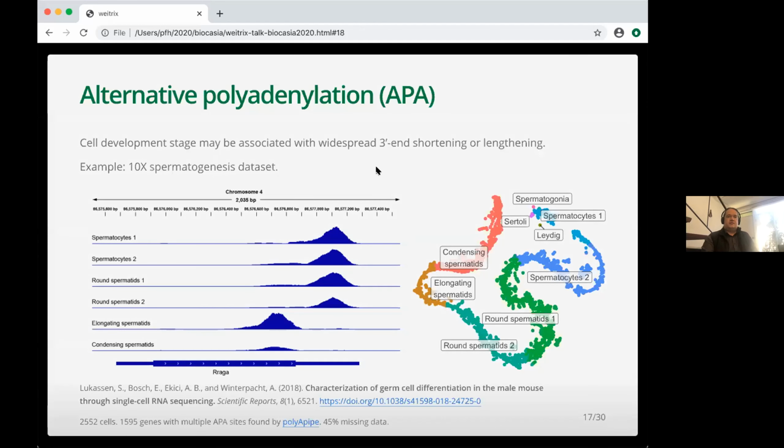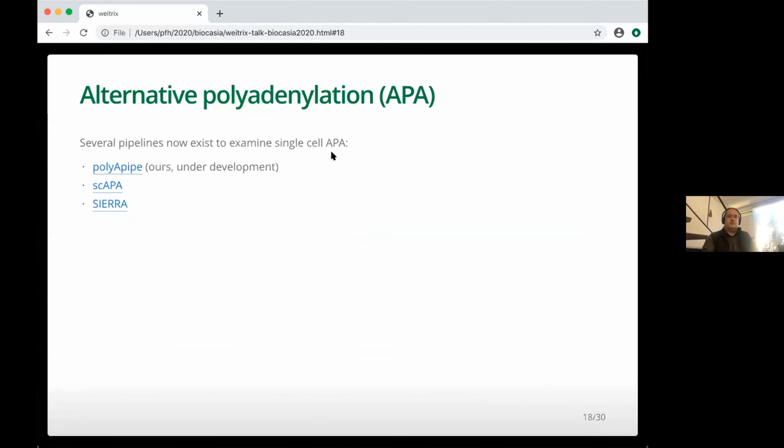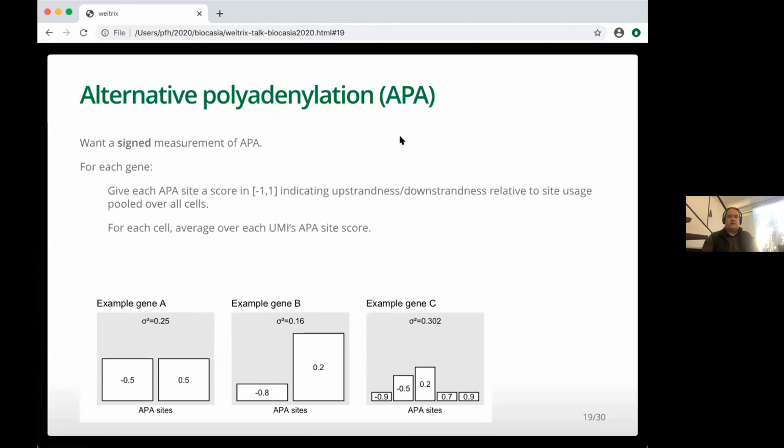So there are starting to be a few pipelines that will call peaks and quantify them, but then how do we pick out interesting results from that? So I came up with a measurement that I think gets at what I'm interested in here. I wanted it to be signed because we have general tendencies towards shortening or lengthening.